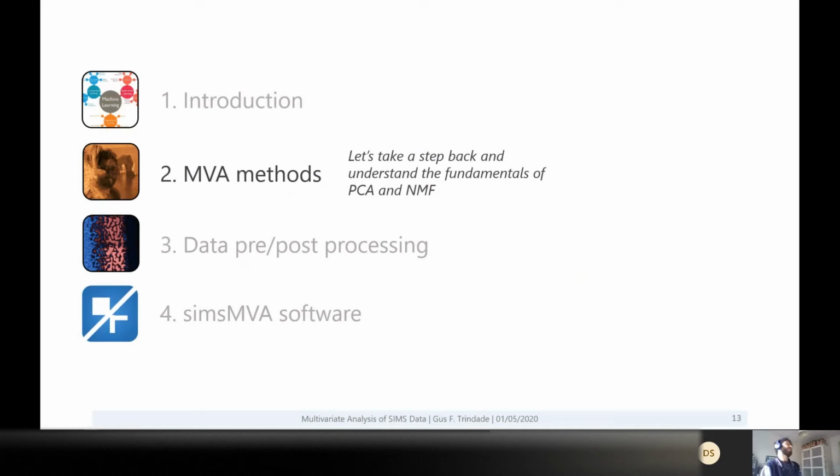So let's now take a step back and try to understand at least the very basic concepts of PCA and NMF. There are several ways to talk about PCA and NMF, and specifically for PCA, I think a really good way to talk about it is to think about the geometrical relations that it involves.